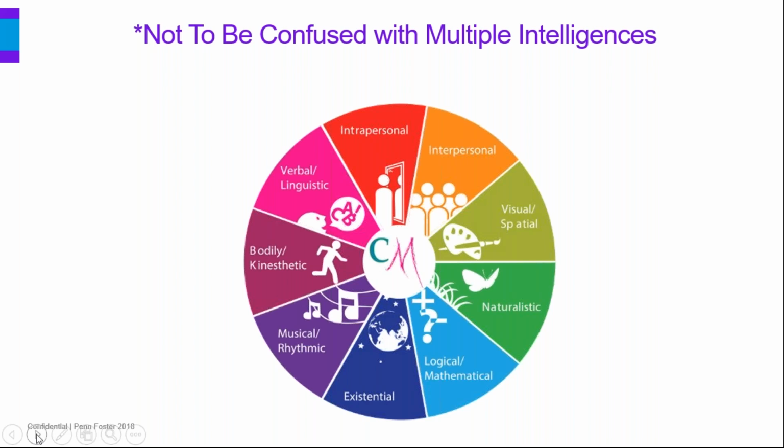Or if you're an auditory learner, it doesn't mean that visual learning has no place in your life. It just means that you tend to naturally benefit more from auditory experiences. So we never want students to say, well, I'm just a kinesthetic learner, that means that I can't learn through visual or auditory experiences. Of course, anyone can. It's just recognizing that we have preferences.